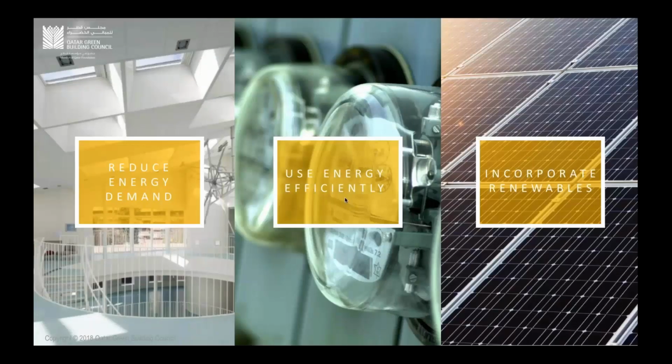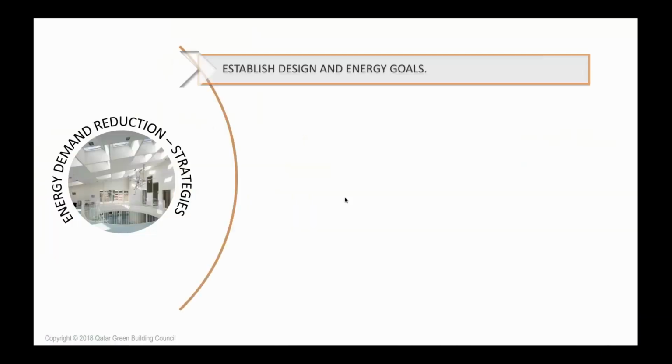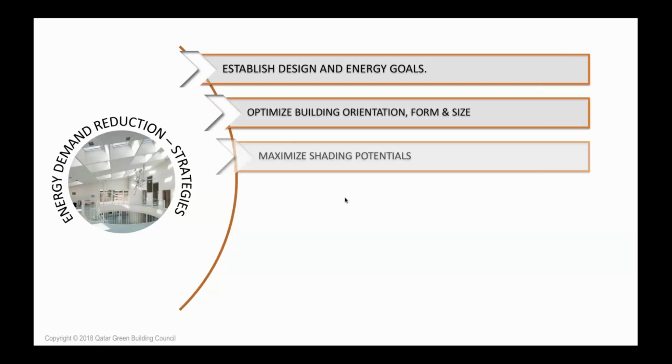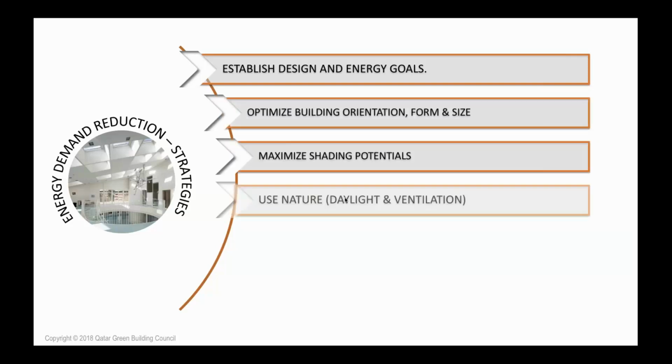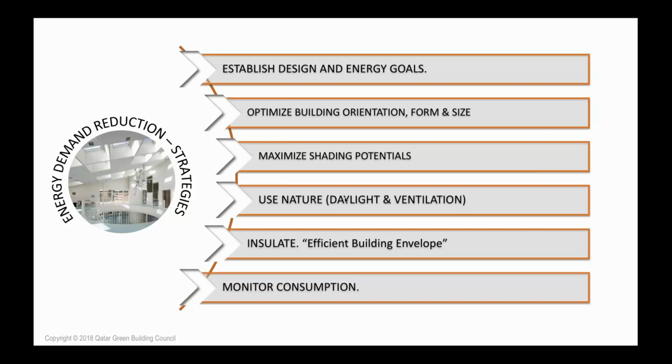So as we mentioned, today we will be covering more of the reducing of the energy demand, but again, keep in mind the sequence. So starting with the reduction, then going for using energy efficiently, then incorporating renewables. So our strategies that we will go through quickly in the next few minutes are a couple of passive design principles.